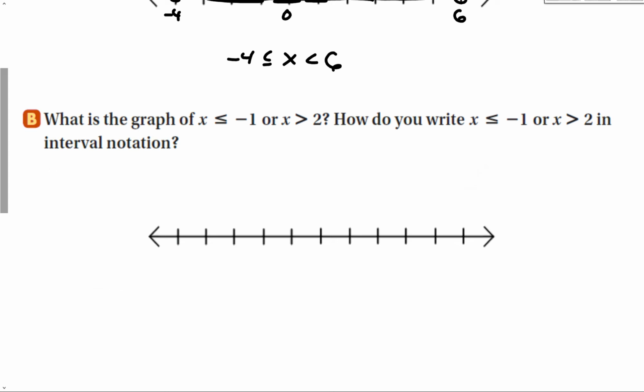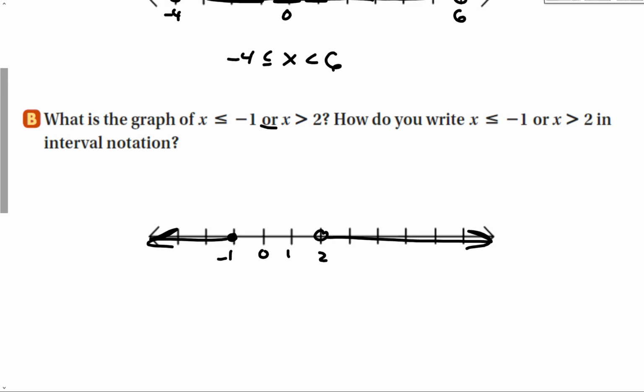What is the graph of x is less than -1 or x is greater than 2, and how do you write it in interval notation? Well, we should know the graph by now, -1, 0, 1, 2. So the graph looks kind of like that with a solid dot there and going this way. And because it's an OR, we're going to have to use two separate intervals.